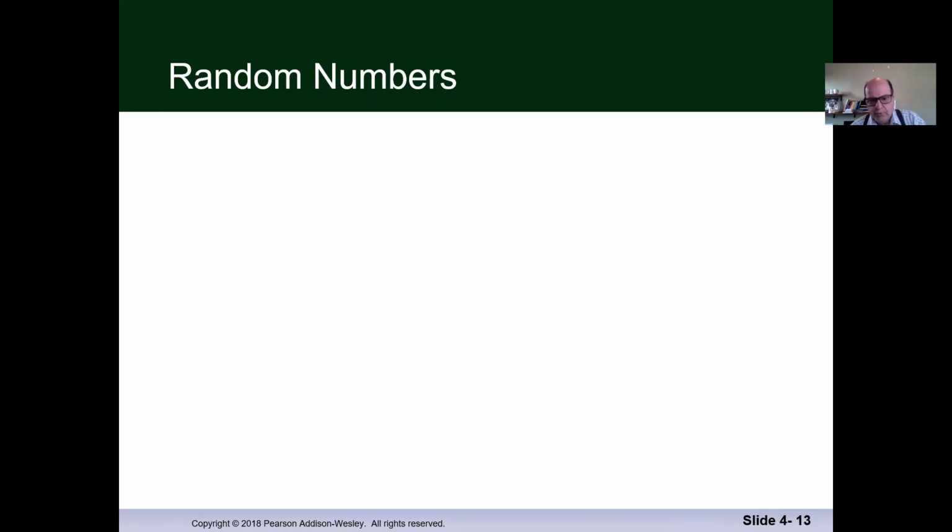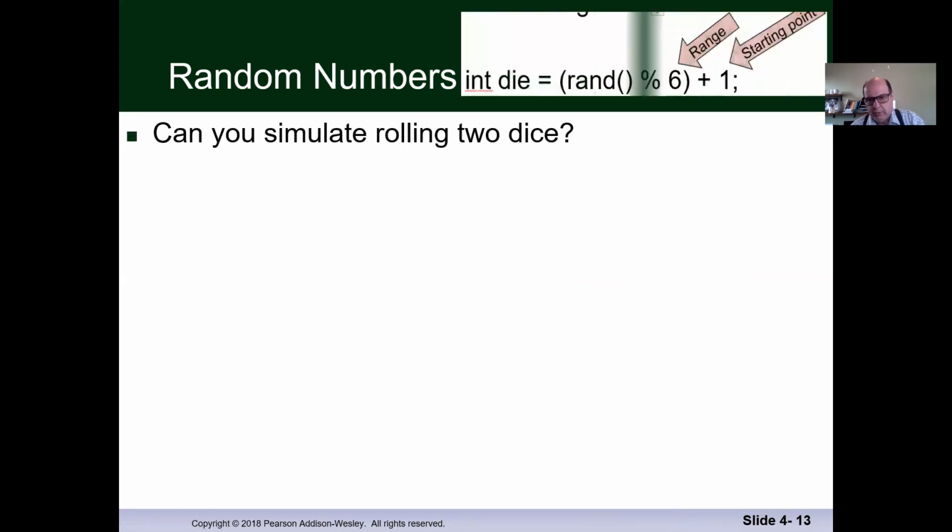First thing first, if I have 2 dice, what are the numbers that I'm going to be looking at? Let me put this one in there to remind you the way that we're going to create the random numbers. We're going to put the function rand, we're going to use the %, we're going to put the range in here, and we're going to put the starting point here.